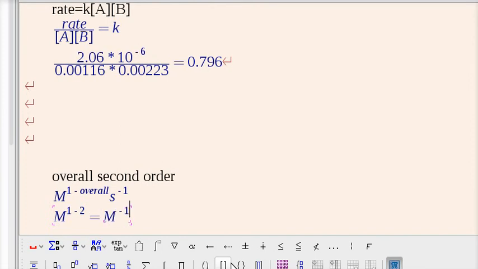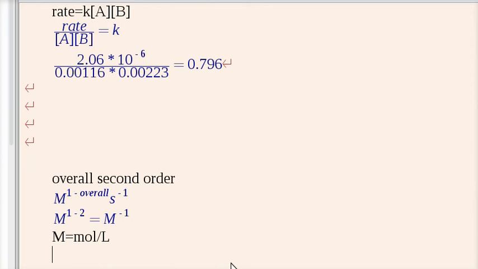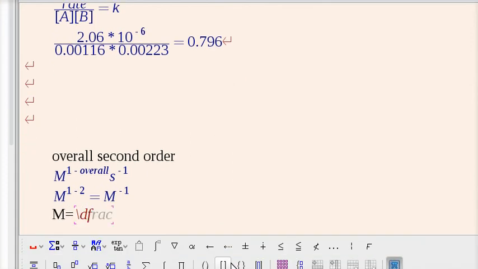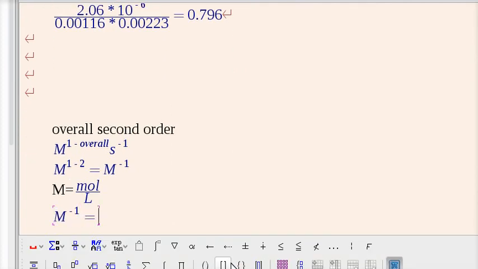And that's what you said, right? Yeah. But now, breaking that out, so we know molar, capital M, is moles per liter. So let me write that as a prettier fraction. Moles per liter. That means that M to the negative 1, which is the same as 1 over M, is going to be liters per mole.